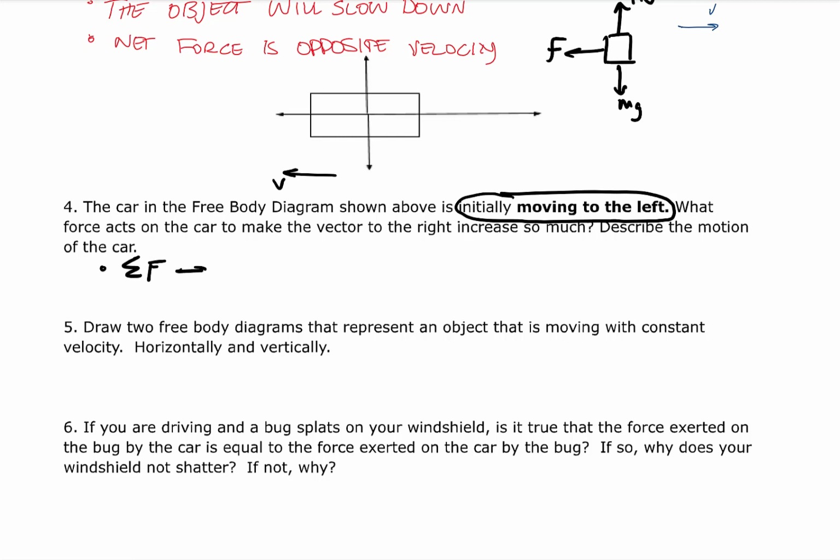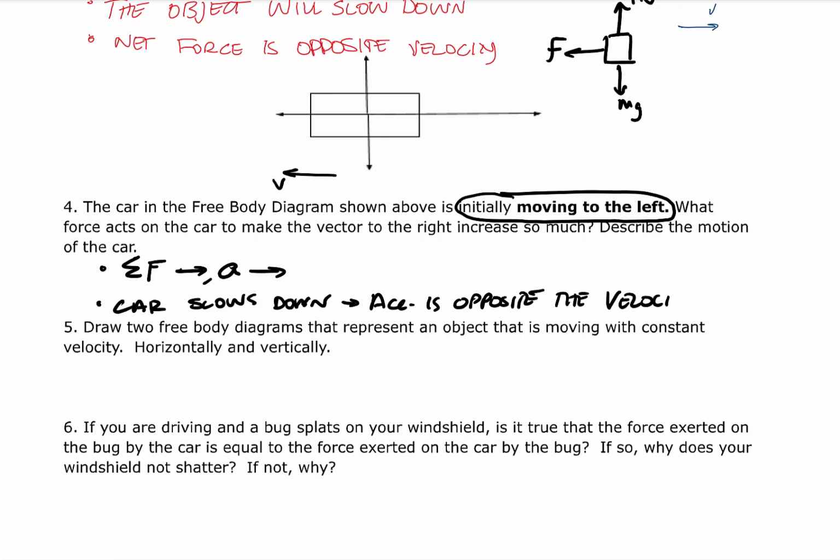So net force is to the right, acceleration is to the right. So this car is going to slow down. The acceleration is opposite the velocity, so the car slows down. Chances are we're still driving forward, but we've got the brakes on, where there's a lot of friction.